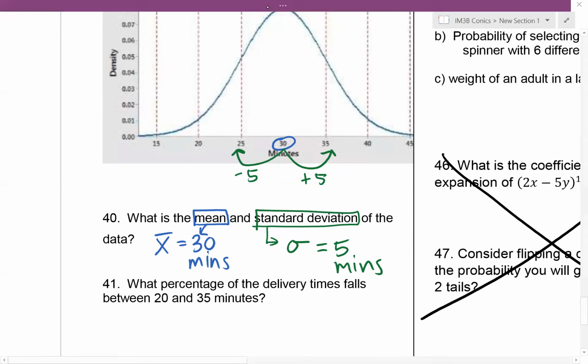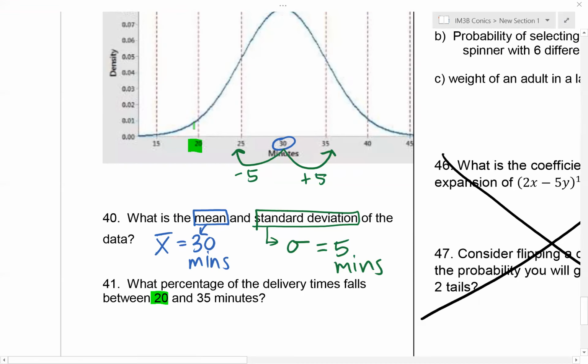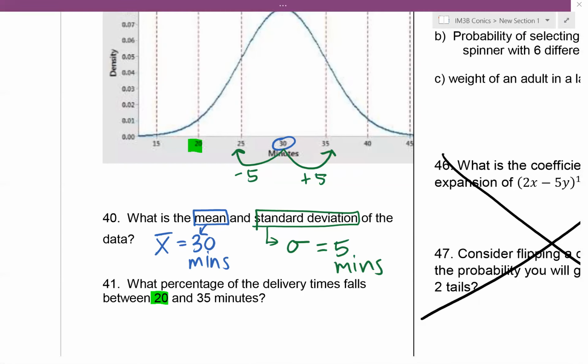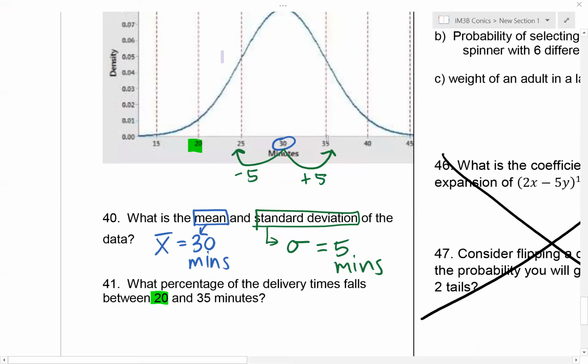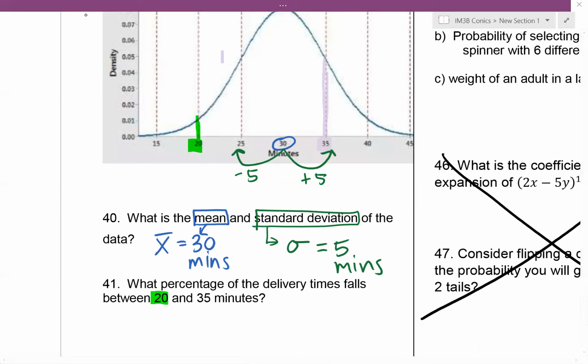Number 41 is asking us what percentage of pizza delivery times fall between 20 and 35 minutes. So it's asking us what percentage represents this part of the graph. So going from this line to the line for 20. And so this is using the empirical rule.